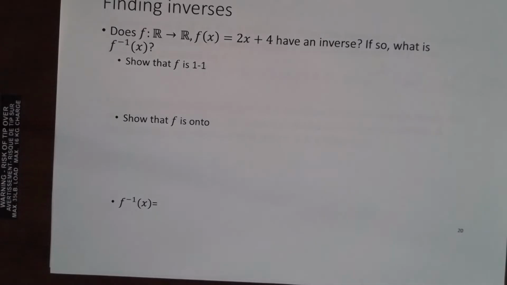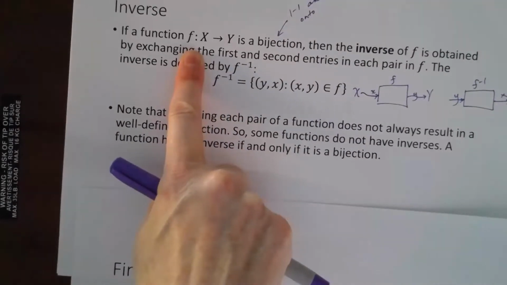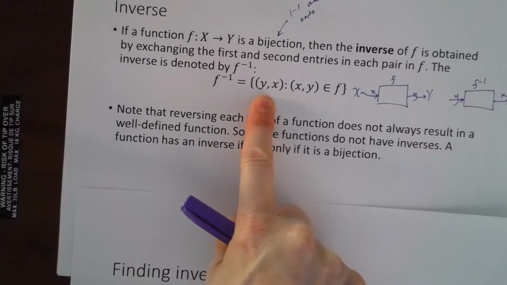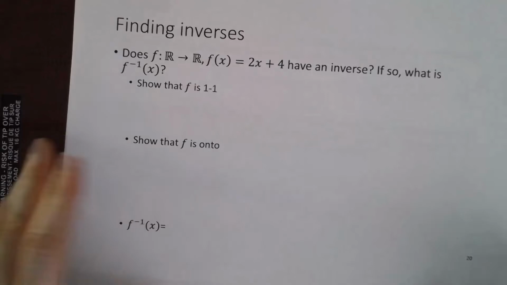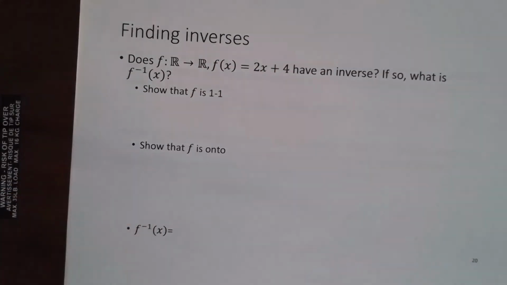If we just have a bunch of ordered pairs that defines our function, then we would just invert them all to get the ordered pairs for the inverse function. But if you're given a function that's some kind of algebraic rule, that has an infinite number of ordered pairs in it, you can't just list all of the ordered pairs. You want some other way to write an algebraic expression to tell you what the inverse is.